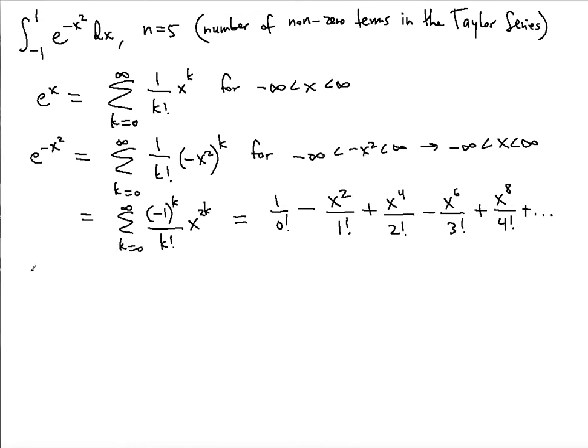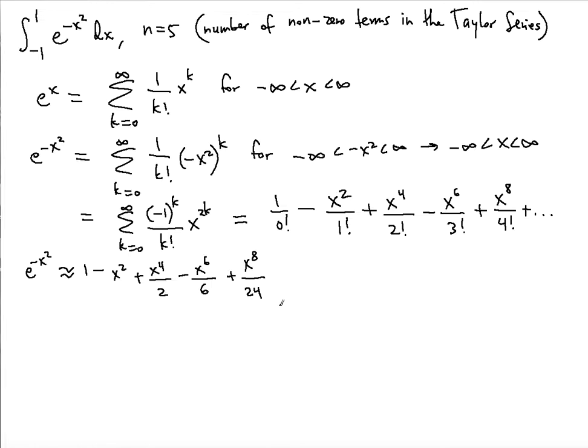So e to the negative x squared is approximately these 5 non-zero terms: 1 minus x squared plus x to the 4th over 2 minus x to the 6 over 6, and then plus x to the 8th over 24.